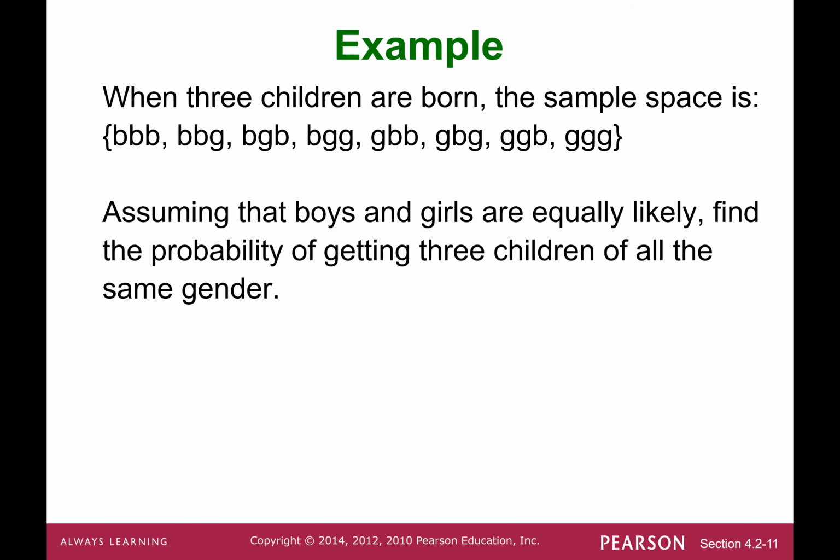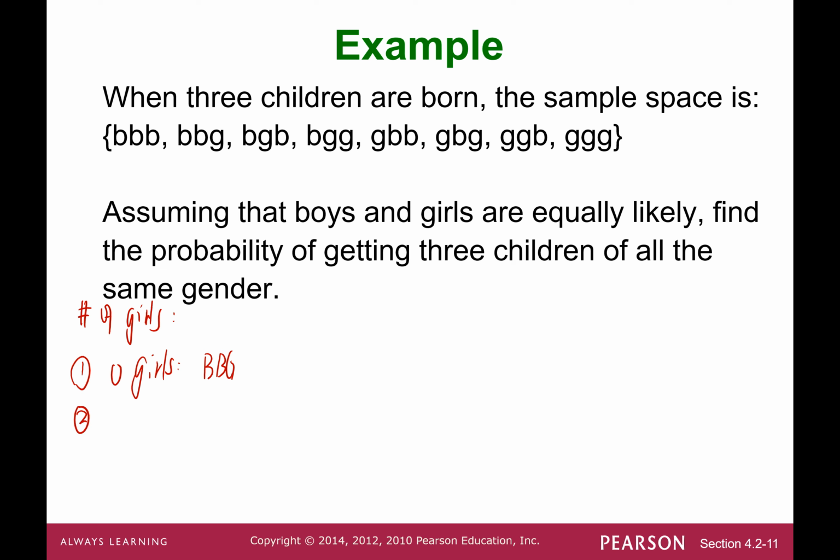Now, when 3 children are born, we already showed you how to get the sample space. Now I'm going to show you another way of getting this by analyzing all these outcomes. So first, if you concentrate on the number of girls, the first outcome is getting 0 girls. That means you get all 3 boys. So boy, boy, boy.